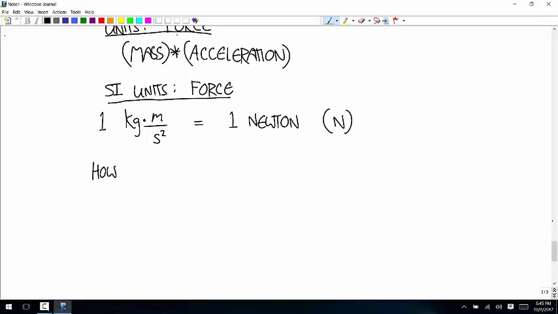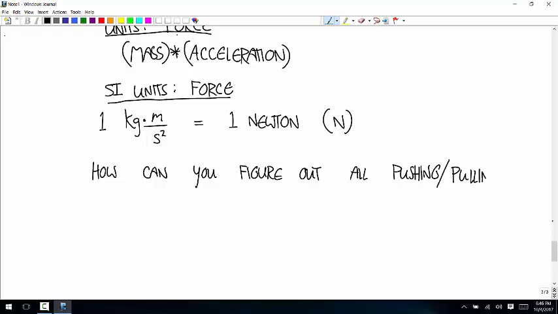Okay, so now how can you figure out all the things that are pushing or pulling on an object? You know, all the pushing or pulling. Different things.